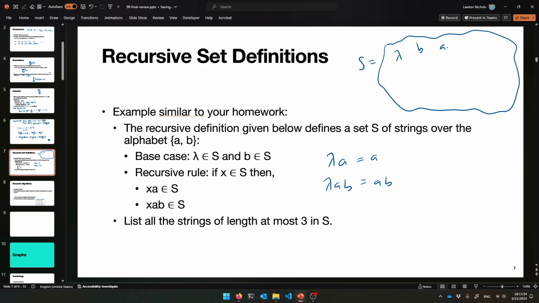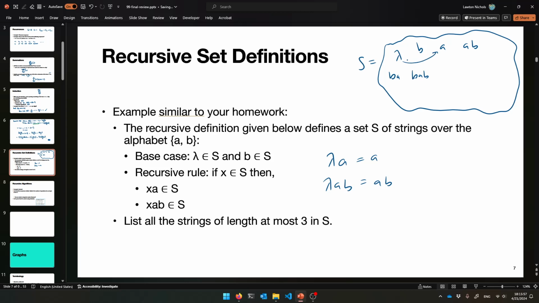We have now A, we have AB in S, and now I can run these rules on all these other things. So I ran it on lambda. I can't run it again and get anything new, but I can run it on B now. Let's run this on B. So I know that I have BA now, right? BA is an S, and then also BAB. BA, BAB, that gave me those. Does that make sense there?